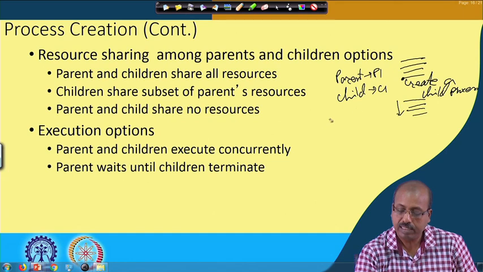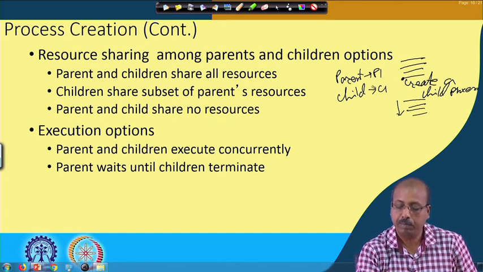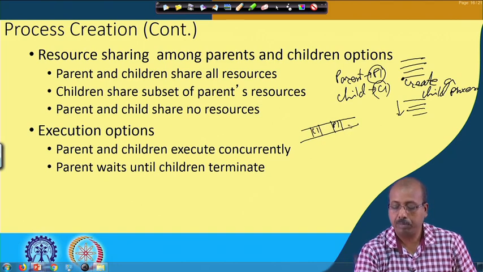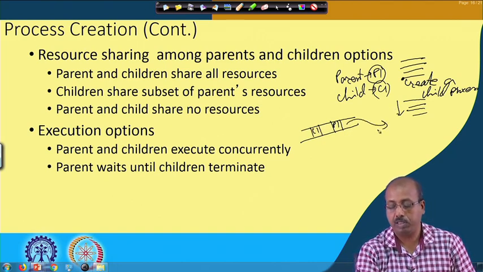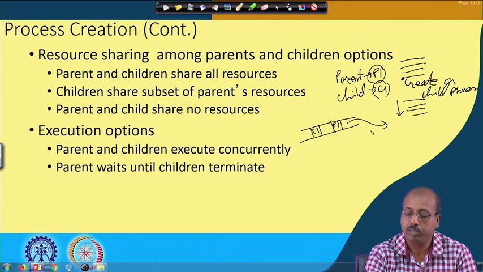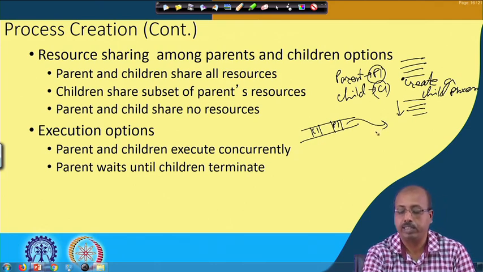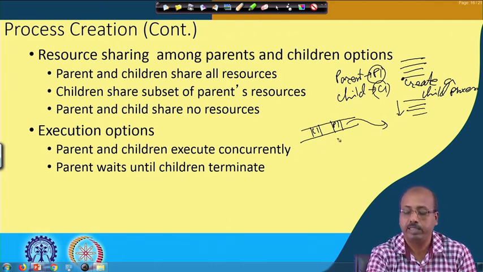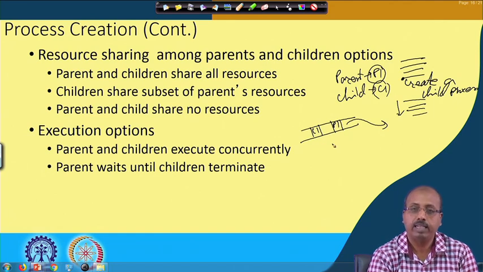Now, as far as this system is concerned, there may be different options. The P1 process may continue parallelly with C1. In the ready queue, I may have the entry for P1 as well as the entry for C1, and whichever process is scheduled by the short term scheduler will get the chance for execution. So, P1 or C1 may execute, and that execution may be mixed up also.